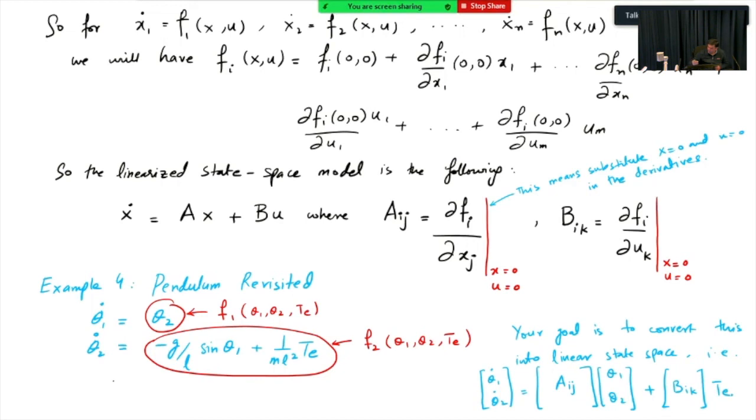In this example, the matrix A will be curly f1 over curly theta 1, curly f2 by curly theta 1, curly f1 by curly theta 2, curly f2 by curly theta 2.